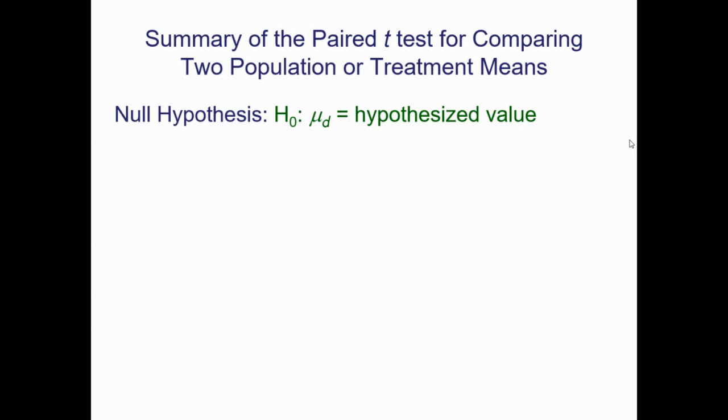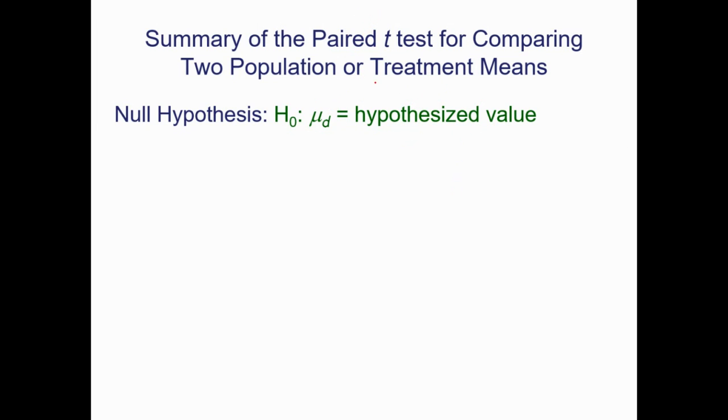So let's do a summary of the method, and then once we summarize the method, we're going to jump into calculations. So the null hypothesis, for AP, is mu D equals the hypothesized value.